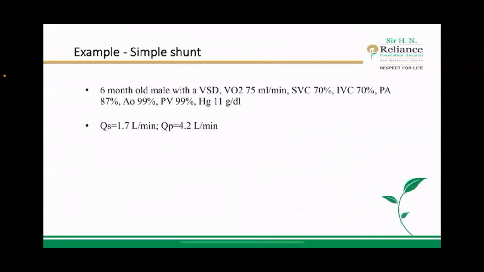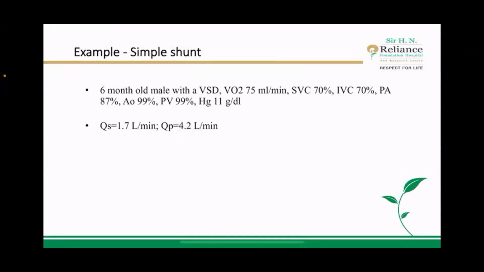This is just an example to calculate, in a 6-month-old male with a VSD, VO2 is 75 ml per minute, SVC, IVC saturation is given, pulmonary artery 87%, aortic saturation, that is systemic arterial, is 99, pulmonary vein 99, and Hb is 11 gram per deciliter.